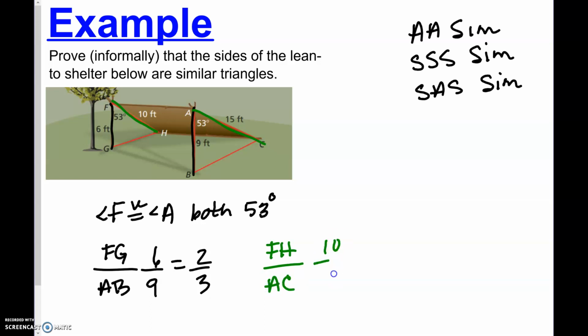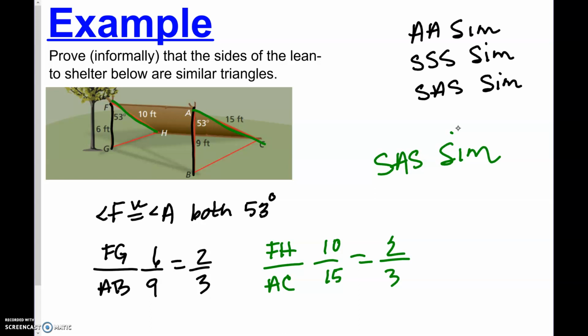We have 10 to 15. If we divide by 5, we get 2, and if we divide by 5, we get 3. So it looks like we have a side, then an angle, and then a side. We have shown mathematically that both sides have the same ratio and the angle between. So this is by side-angle-side similarity.